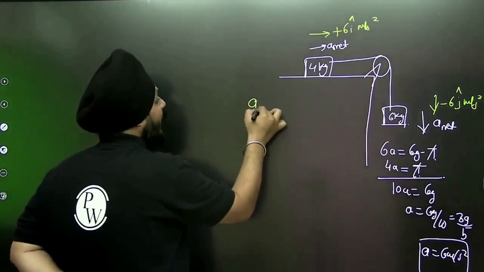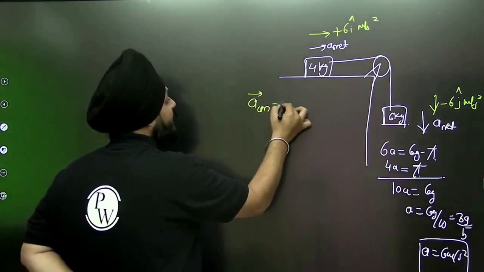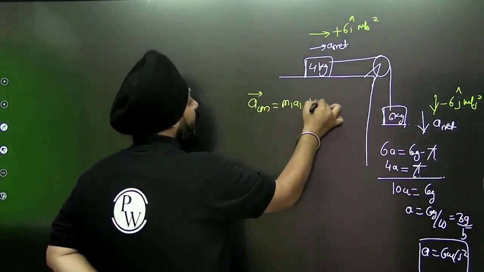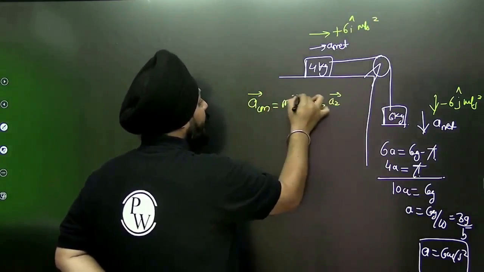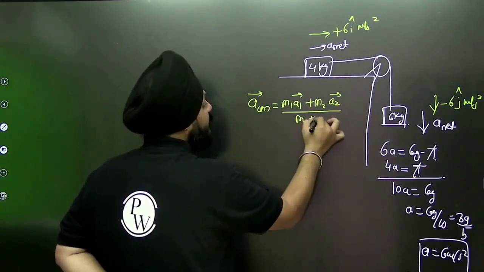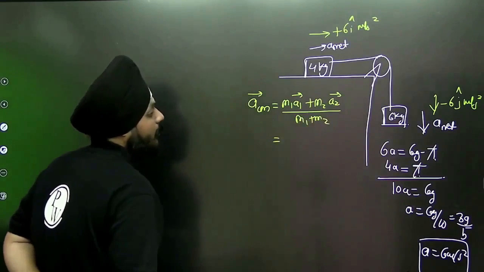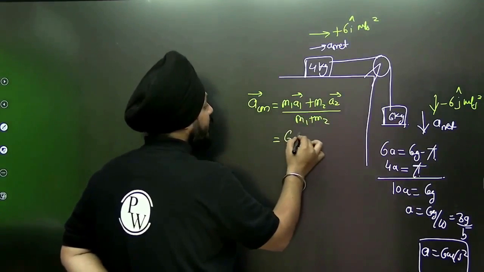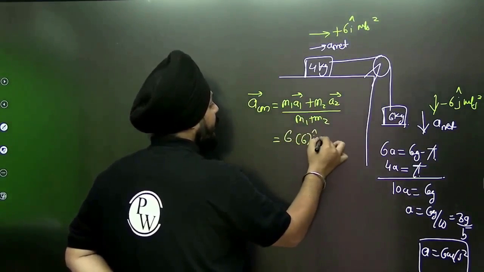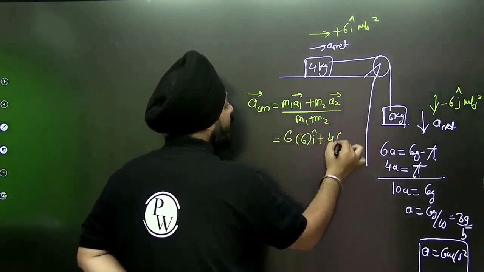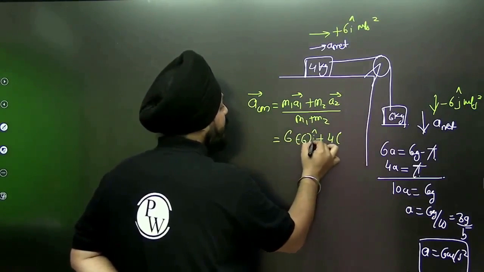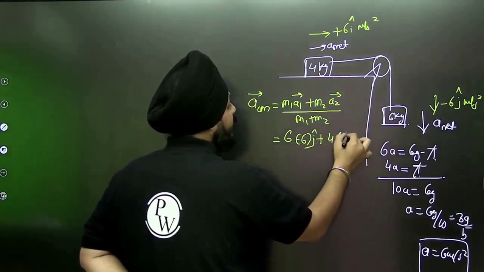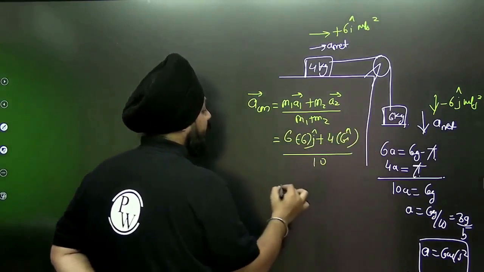In this we are going to get the acceleration of center of mass, m1 a1 plus m2 a2 in vector form, whole divided by m1 plus m2. m1 is 6 into 6 i, plus 6 into negative 6 j, and 4 into 6 i, whole divided by 10.